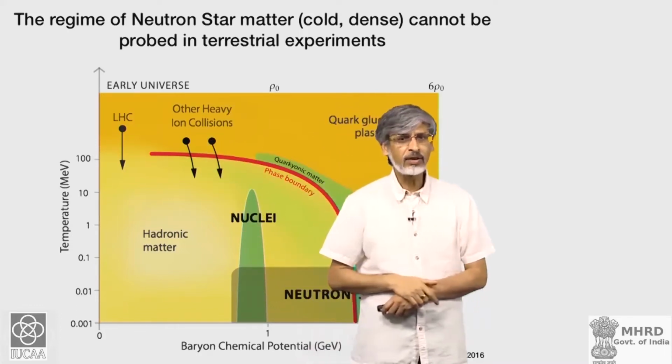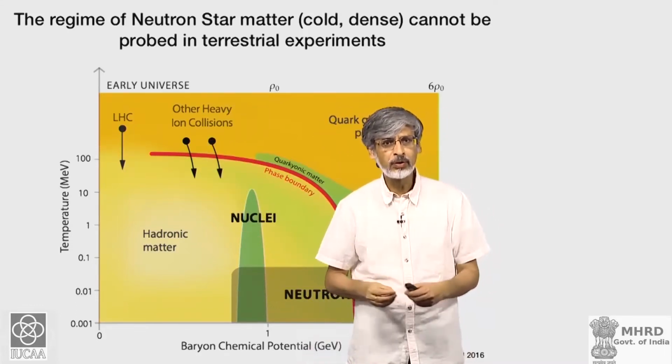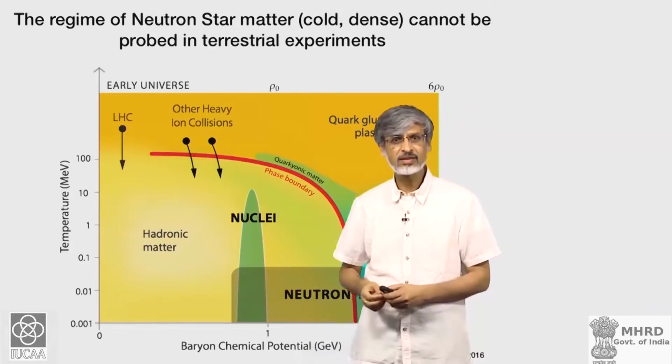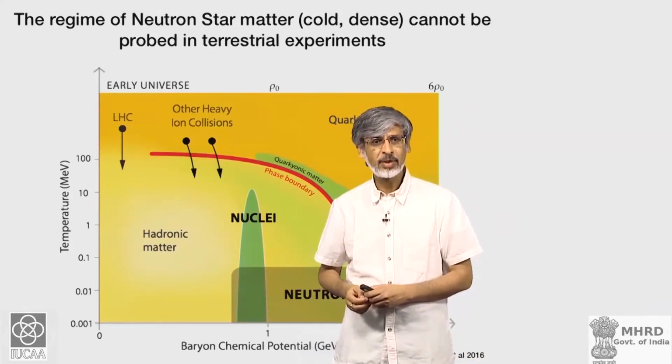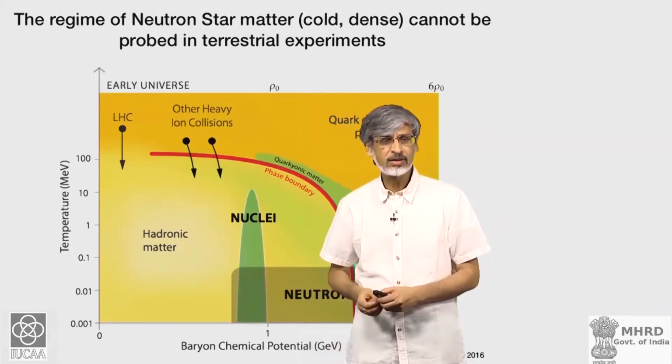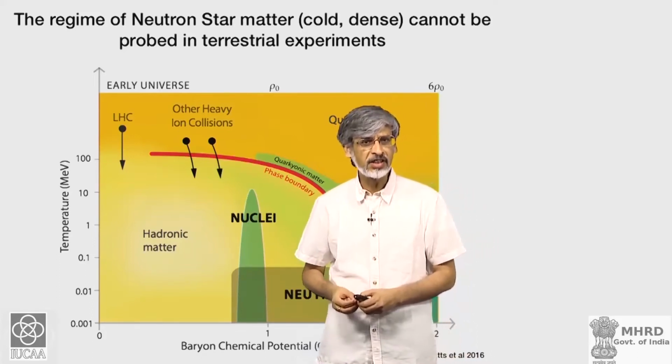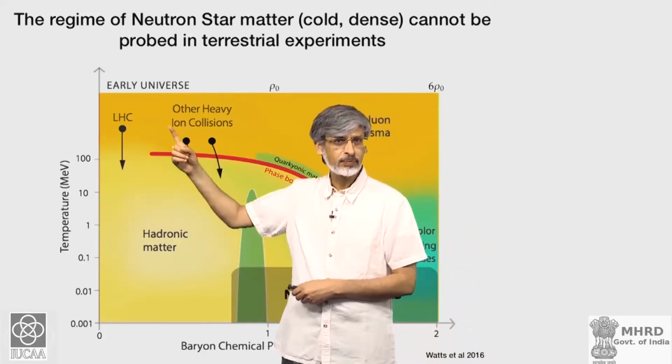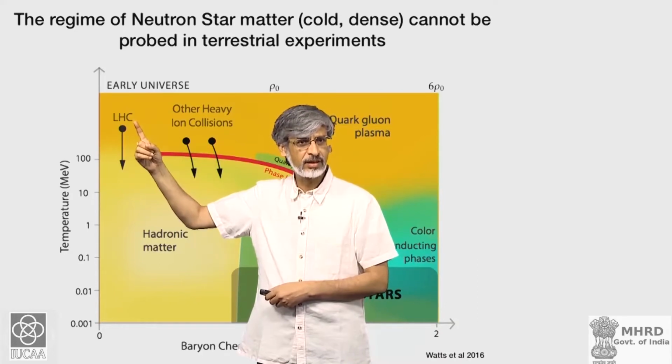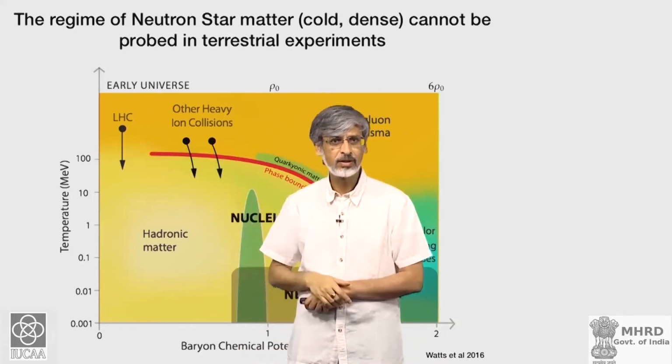So, when you use heavy ion collider, you can probe short distances, but because it involves a collision, you also raise the temperature of the material quite a lot.